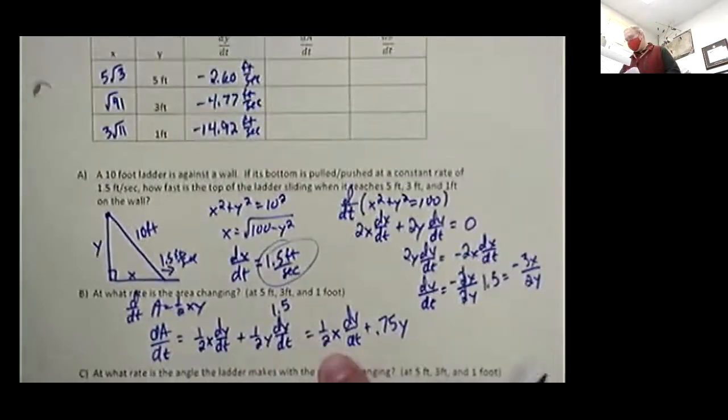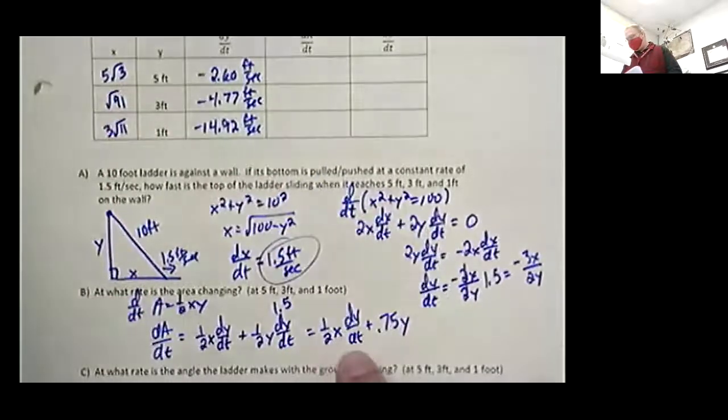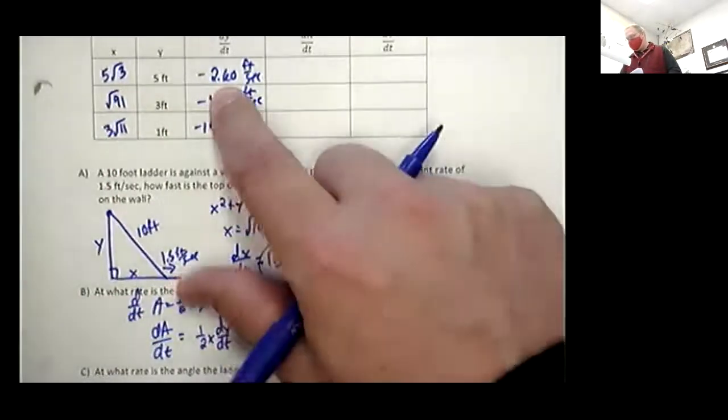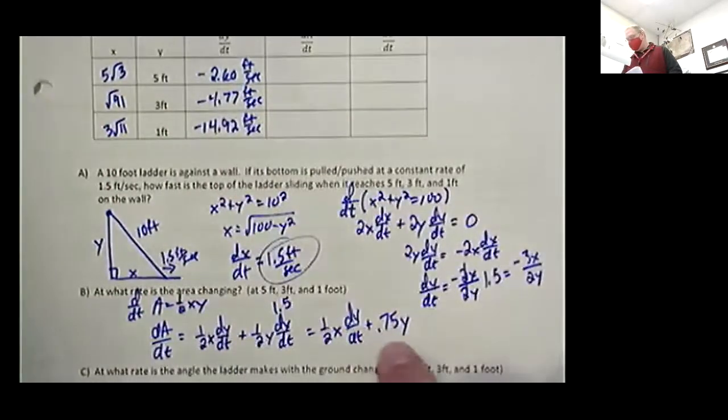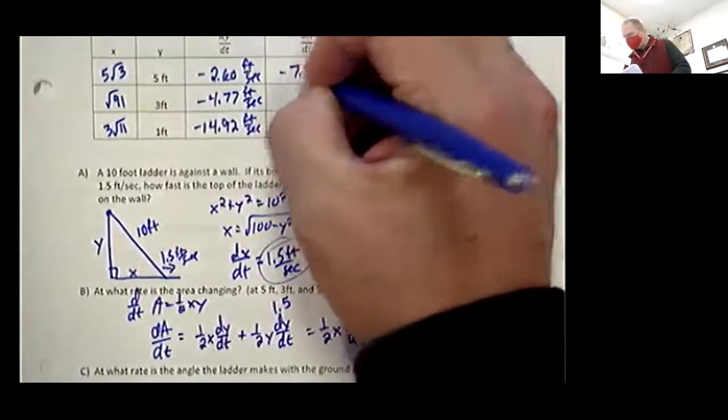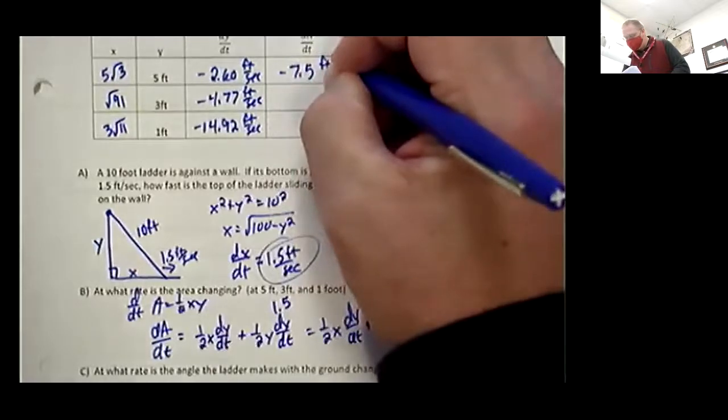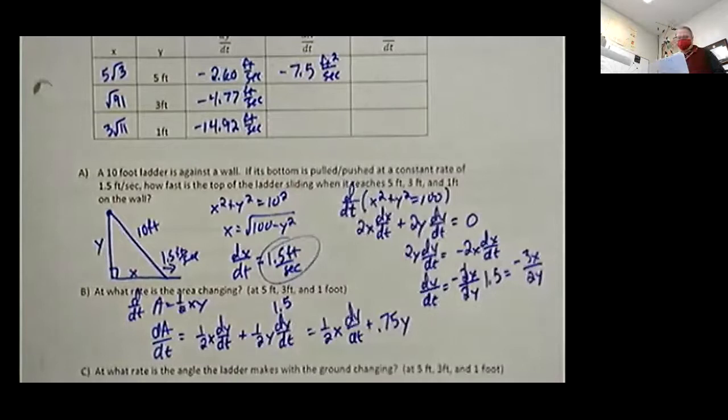So now we're going to plug those numbers in for dA/dt. Working across, 1/2 of x is 1/2 of 5√3 times dy/dt, that was the negative 2.60, plus 0.75 times 5. That gets us a number that is negative 6.5 feet squared per second, because now we're looking at how area is changing.